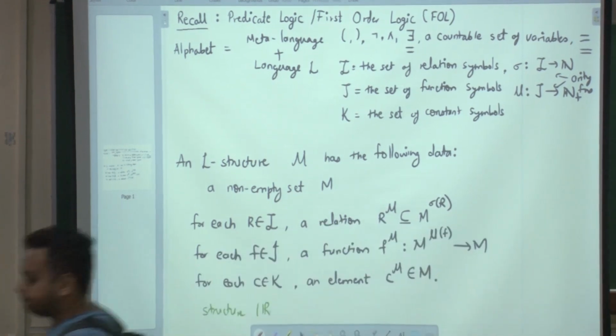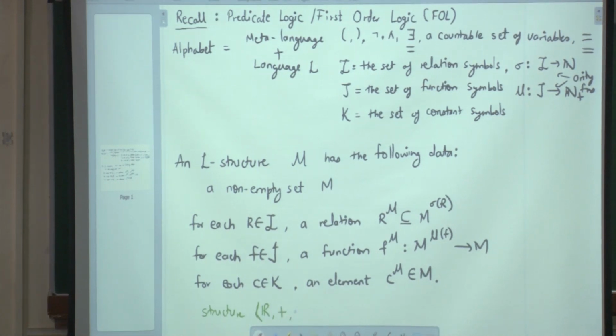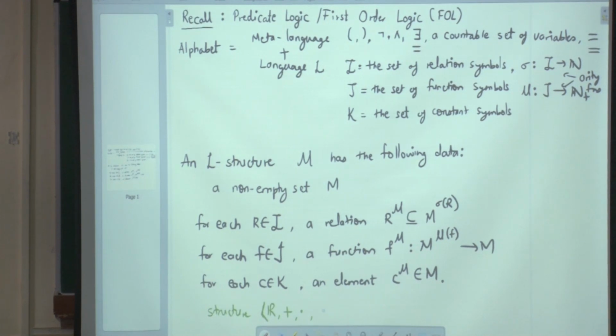Structure is R, plus, multiplication and 0, 1 and minus. We shouldn't forget that. And on top of it I should write the arities: 2, 2, 0, 0, 1.